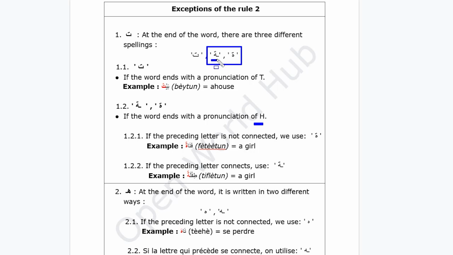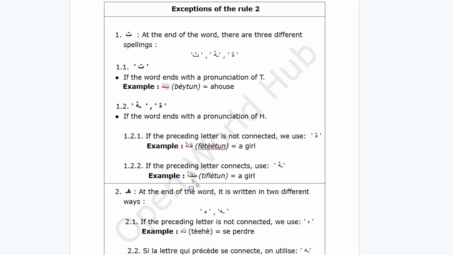If the preceding letter is not connected, for example, here we have the sign of elongation that comes before T, which is always not connected, I will write T like this. The opposite side, when I have, for example, the letter L, which does not belong to the letters that do not connect at left, I will write following that form.